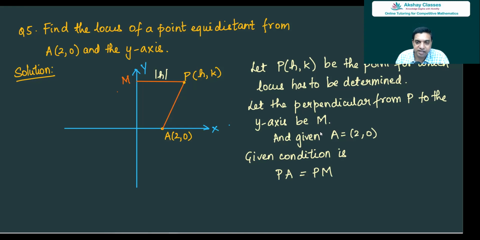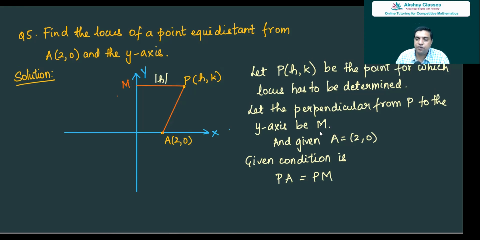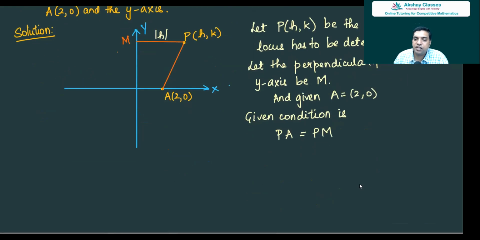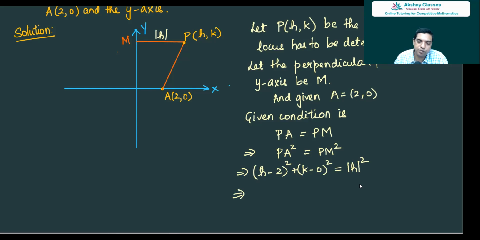So PM is h, and for PA we can apply the distance formula. To remove the square root, we square: PA squared is equal to PM squared. PA squared is (h minus 2) whole squared plus (k minus 0) whole squared, equal to mod h squared, which is h squared.